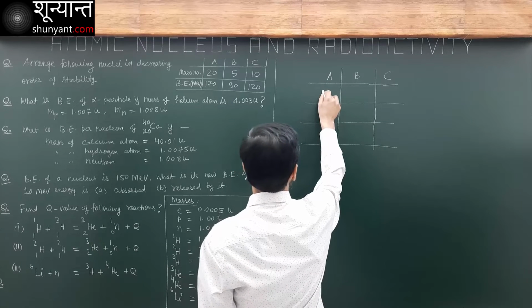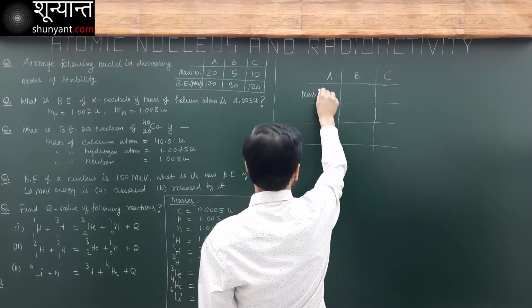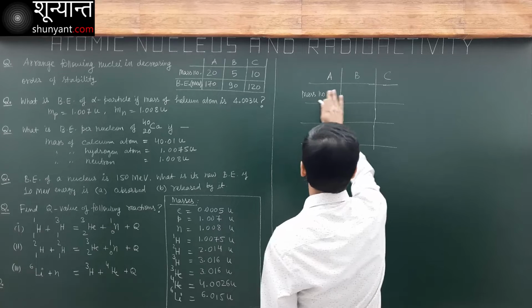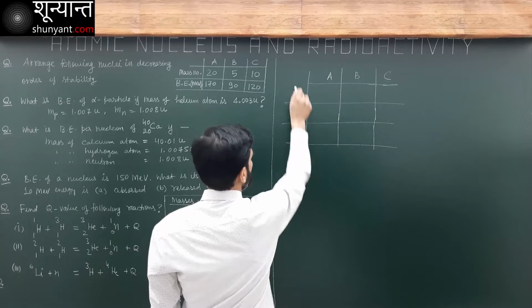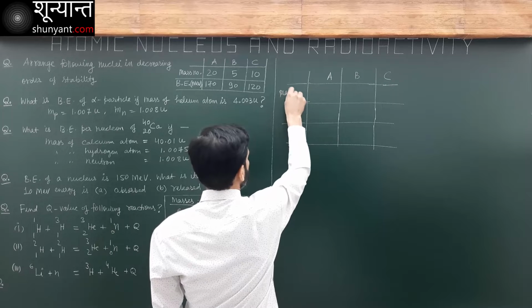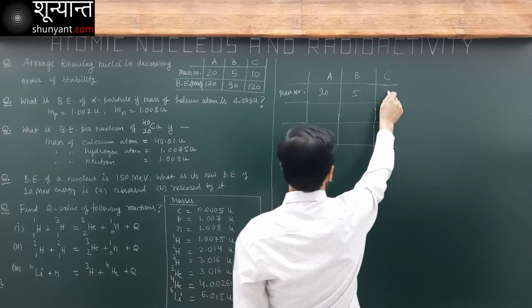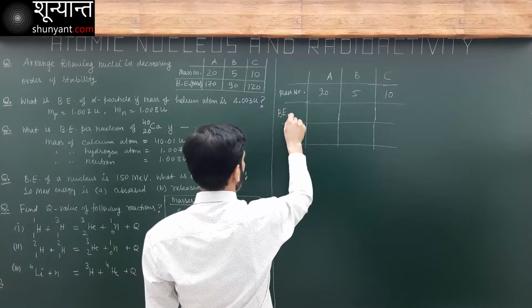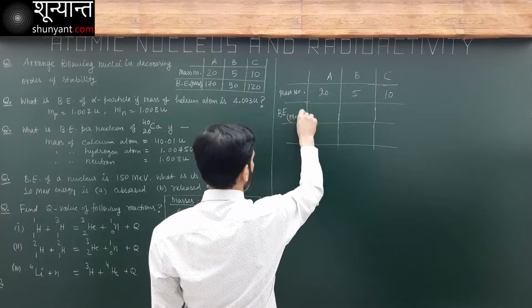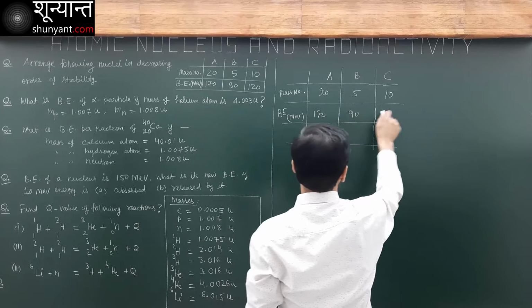Here the mass numbers are 20, 5 and 10, and the binding energies in mega electron volts are 170, 90 and 120.